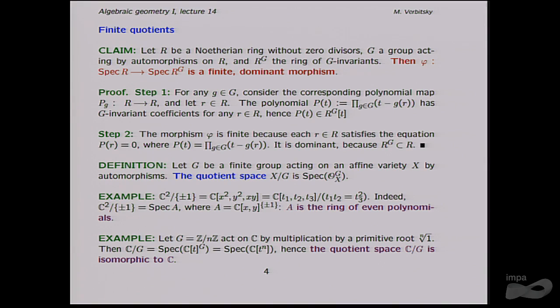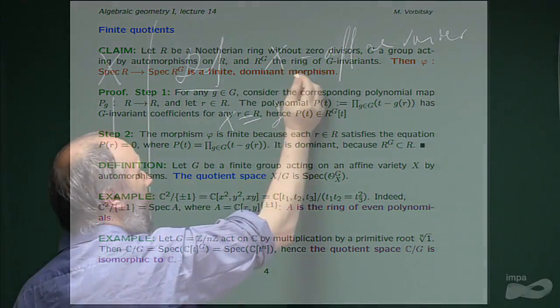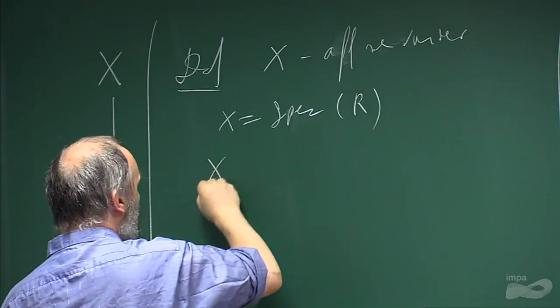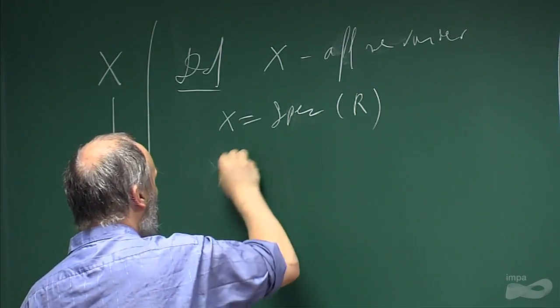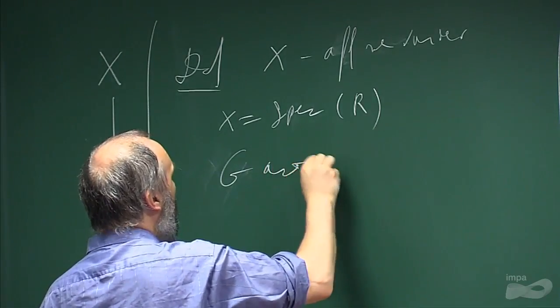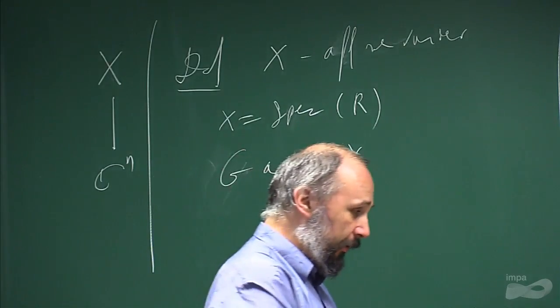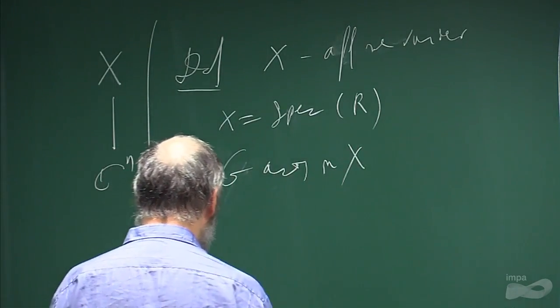If you have X, an affine variety, which is equal to the spectrum of a ring R, and G acts on X, then an action on a variety is the same as an action on a ring, because they have an equivalence of categories.